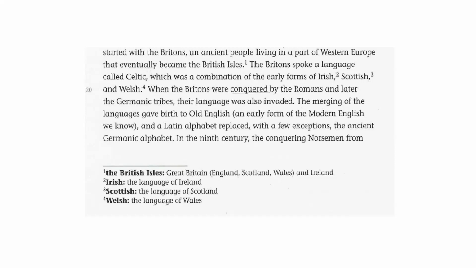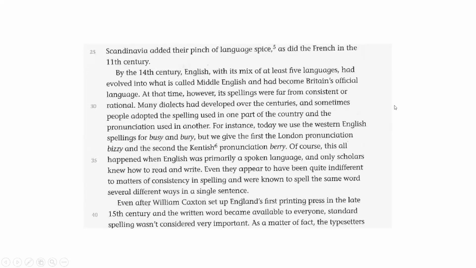So interesting stuff. In the 9th century, the conquering Norsemen from Scandinavia, anytime you say North, you're talking about the Scandinavian countries, Vikings, added their pinch of language spice. They're trying to be funny, their pinch of language spice. There was no spice involved, as did the French in the 11th century.